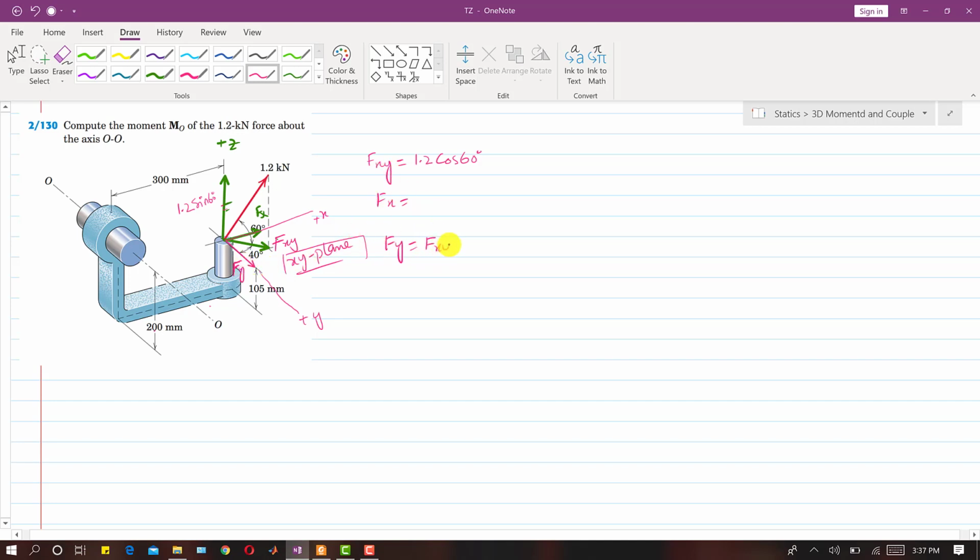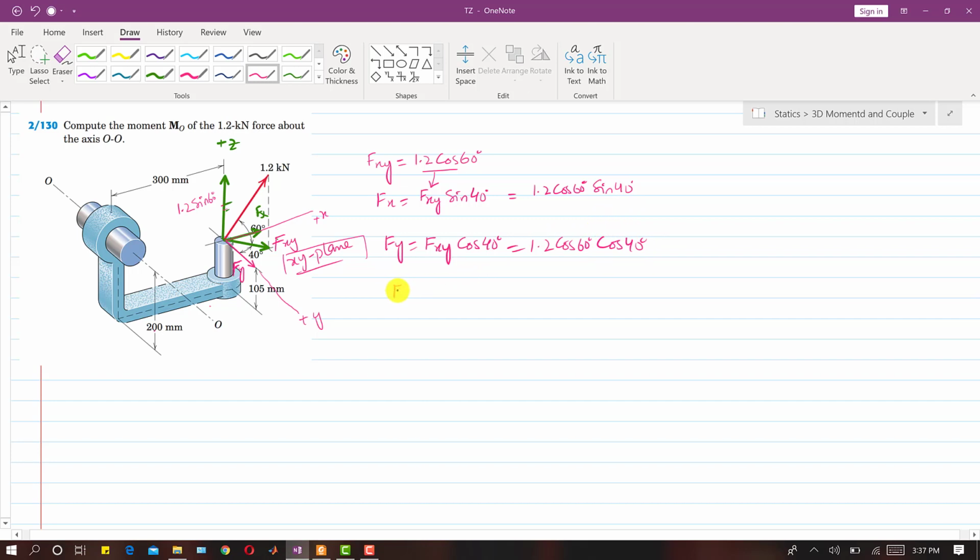So I can write that f of y is f of xy cos of 40 degrees, and f of x is f of xy sine of 40 degrees, right? If we put the f of xy magnitude, f of x will be 1.2 cos of 60 degrees sine of 40 degrees, and f of y will be 1.2 cos of 60 degrees cos of 40 degrees, right?